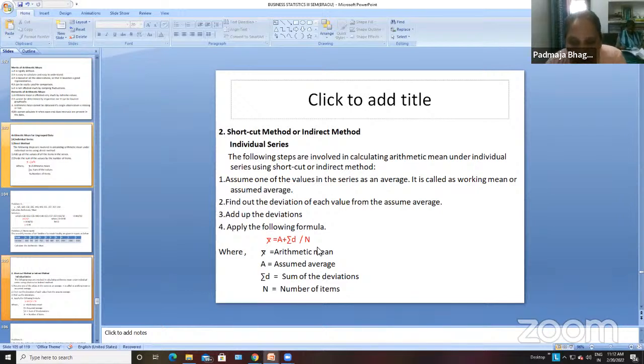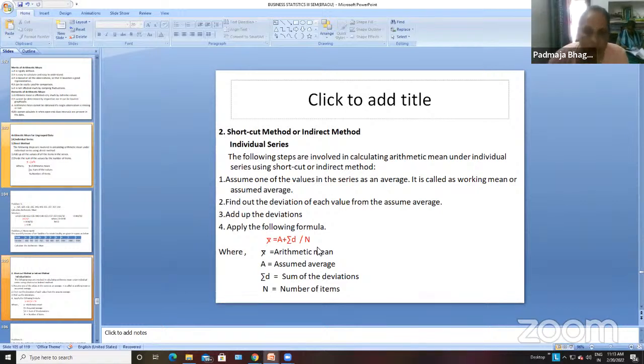Whichever formula you are convenient with, you can use that formula. If you are comfortable with the first formula, you can go with that only. If it's the second formula, you can go with that. They'll just ask you to find out how you can calculate the arithmetic mean.